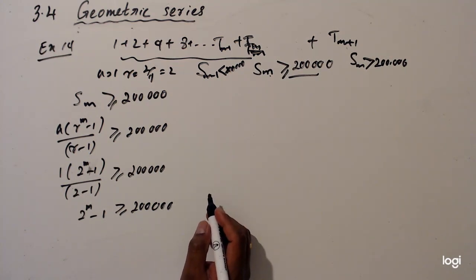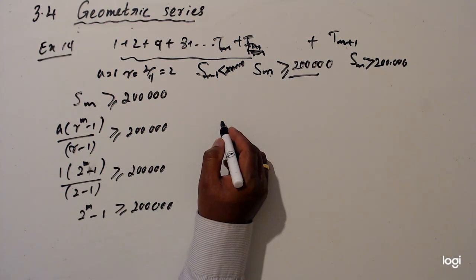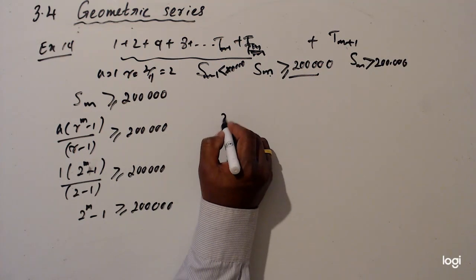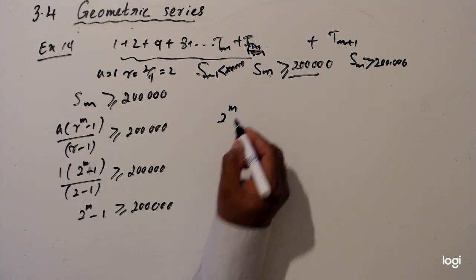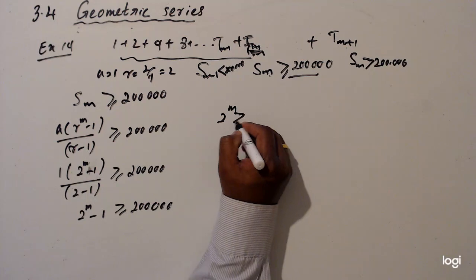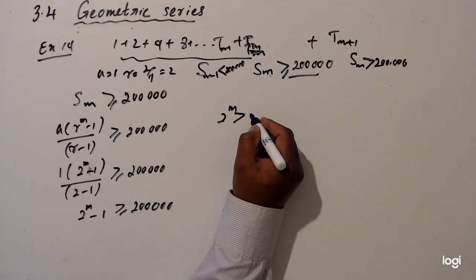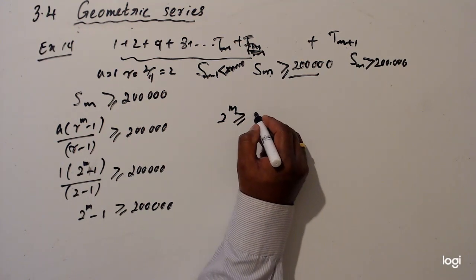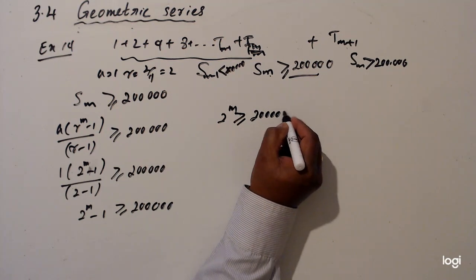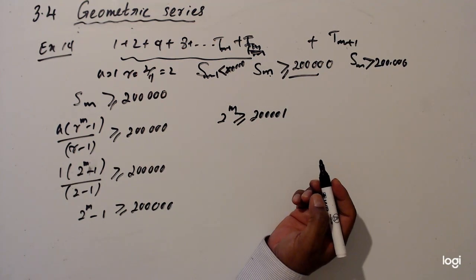So 2 to the power m minus 1 is greater than or equal to 200,000. Then this is 2 to the power m. Simply I can bring this 1 to the other side, giving 200,001.